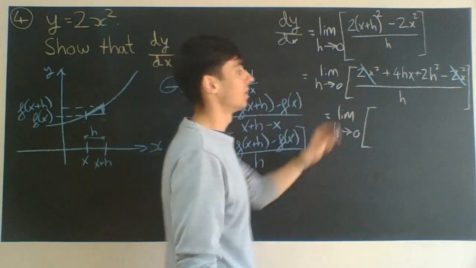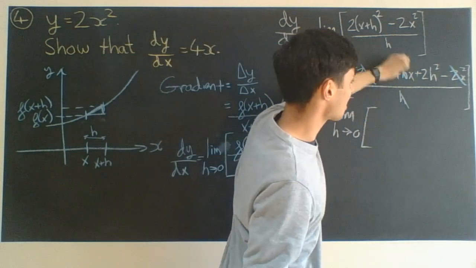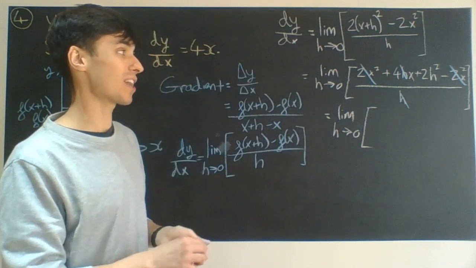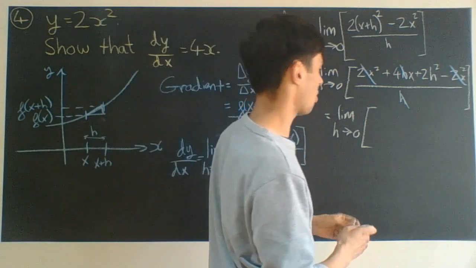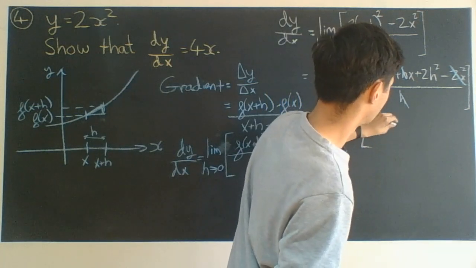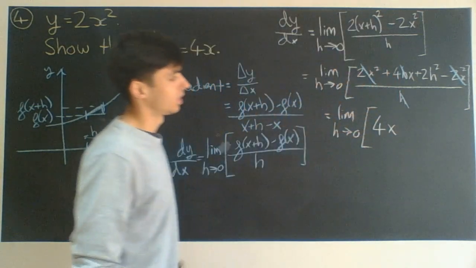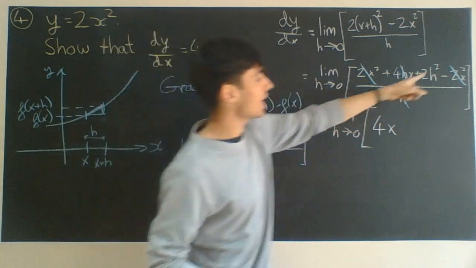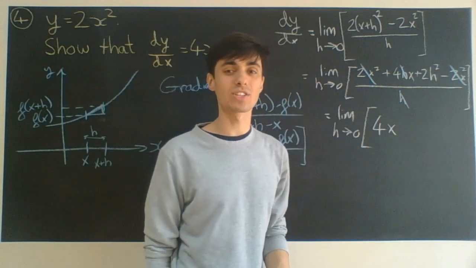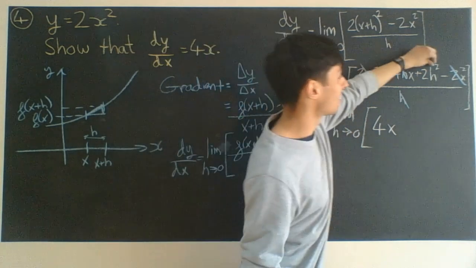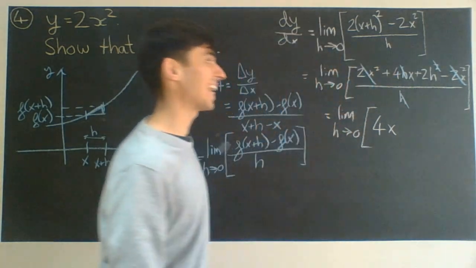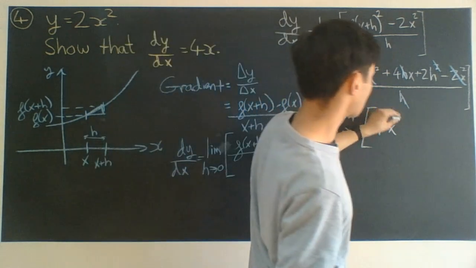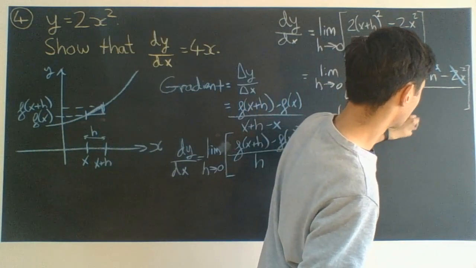Can you see there's an h here and an h here? They cancel out with each other to just leave us a 4x on the top. And that h squared on the top is now just going to become an h. So we've got 4x plus 2h.